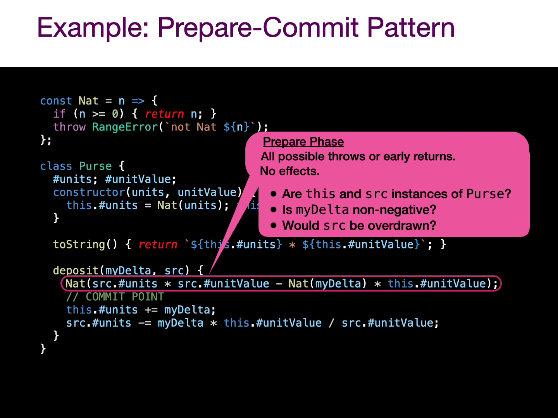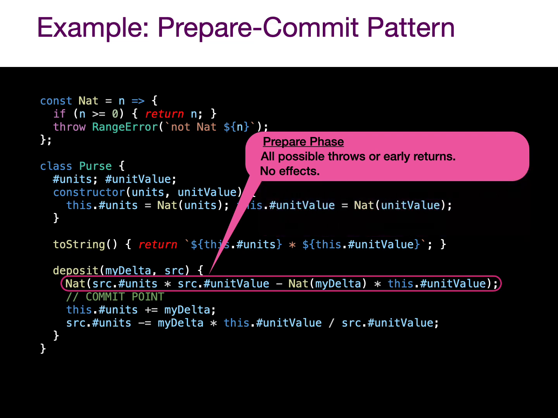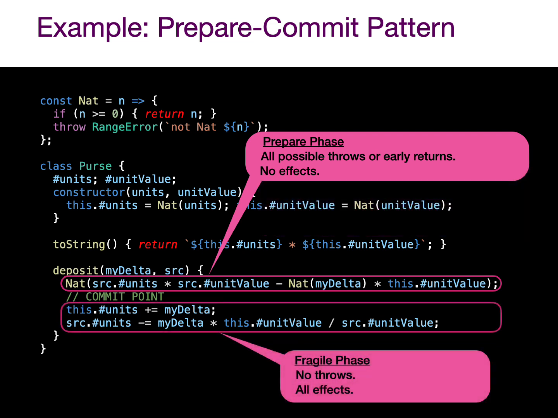So if any of those are reasons to bail out early, we bail out early, not doing any damage, and otherwise we go past the commit point into the fragile phase.